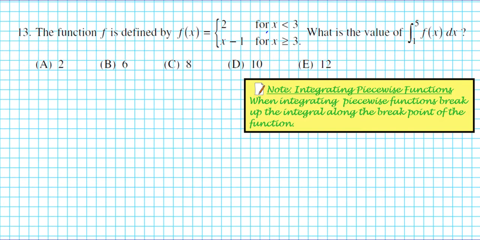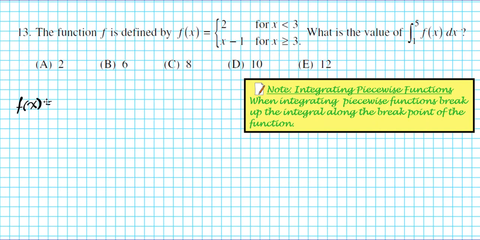Alright, so something you want to note concerning integrating piecewise defined functions, one of which is the absolute value function. Whenever you're integrating piecewise functions, you always want to break up your integral along the breakpoint of that piecewise defined function. So in this case, where does the function break?